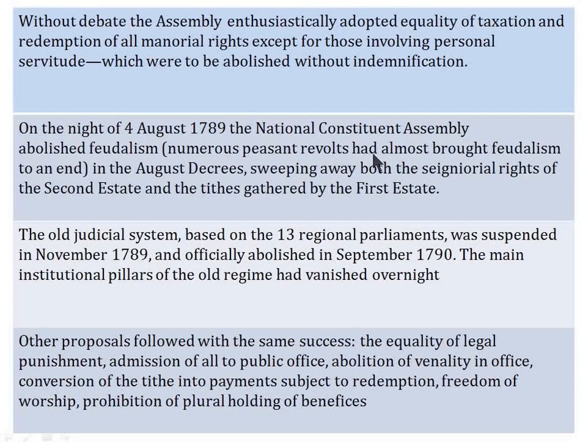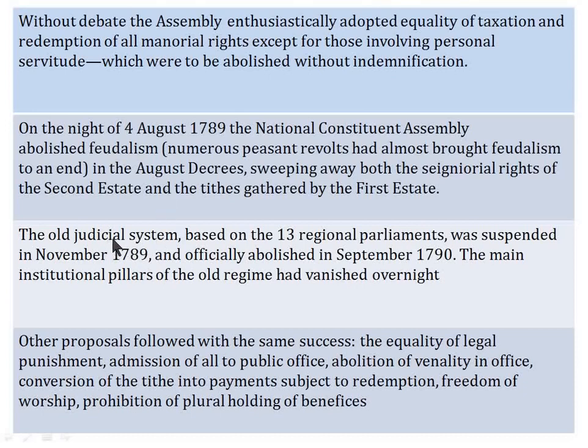Numerous peasant revolts had almost brought something to an end. In the August decrees sweeping away both the rights of the second estate and I don't know. So in the second paragraph I got three things: a timeline, the name of an assembly, and they have abolished something in this.